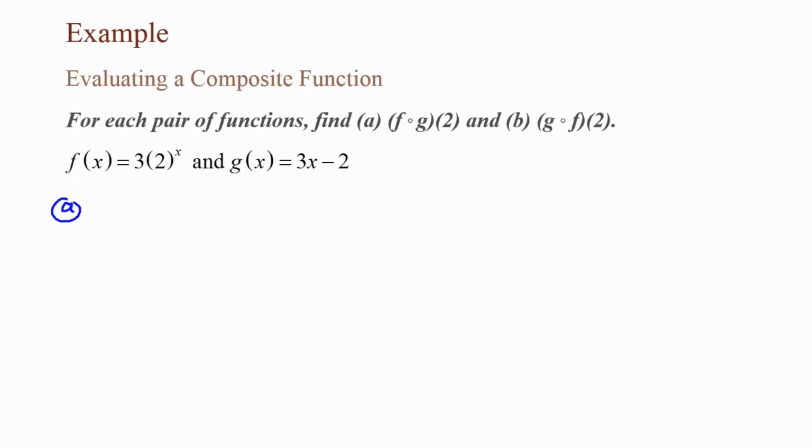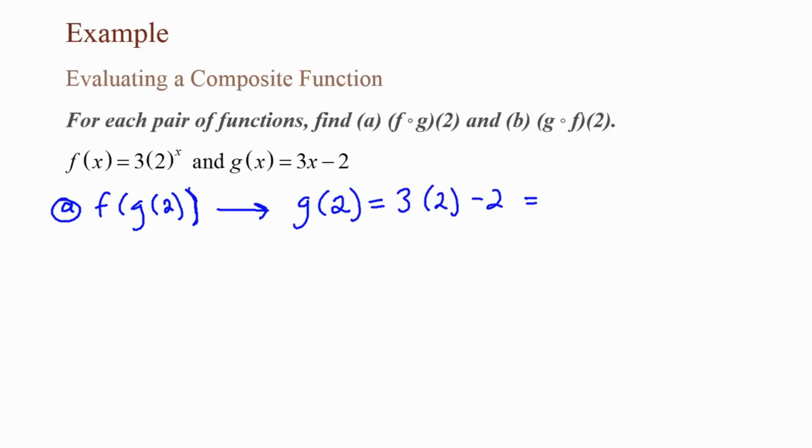Starting with part A, I have f of g of 2. Starting with my g of x equation, I replace x with 2, which gives us 3 times 2 minus 2. 3 times 2 is 6, and 6 minus 2 is 4.